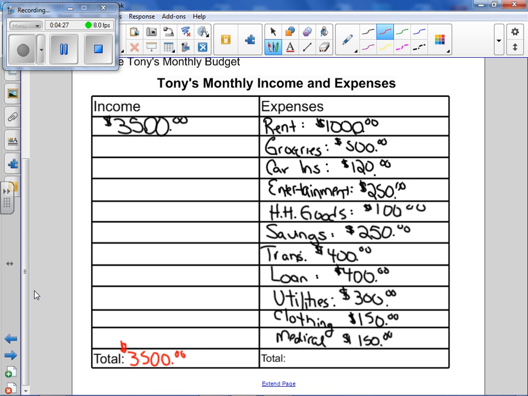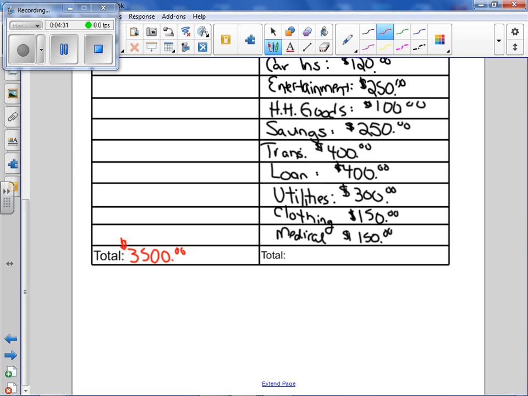I get a value that is 3,620. When you put the numbers into your budget, it doesn't matter the order that you put everything in. You're going to get the same answer.